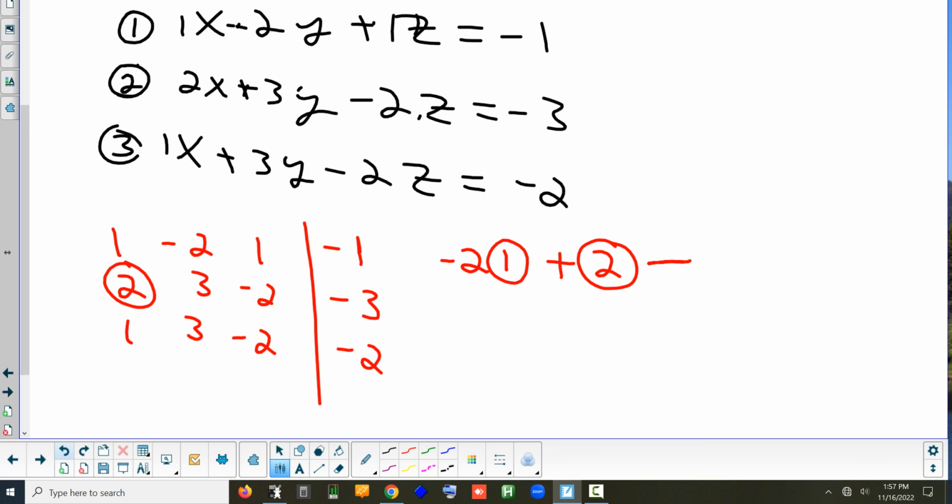And then this arrow is going to mean where we're going to put the answer. Because if you do -2 times the first row and add it to the second row, that's all in your head. You haven't actually put the answer anywhere. We're going to put the answer in row 2. So we are going to replace what's in row 2 by doing that.